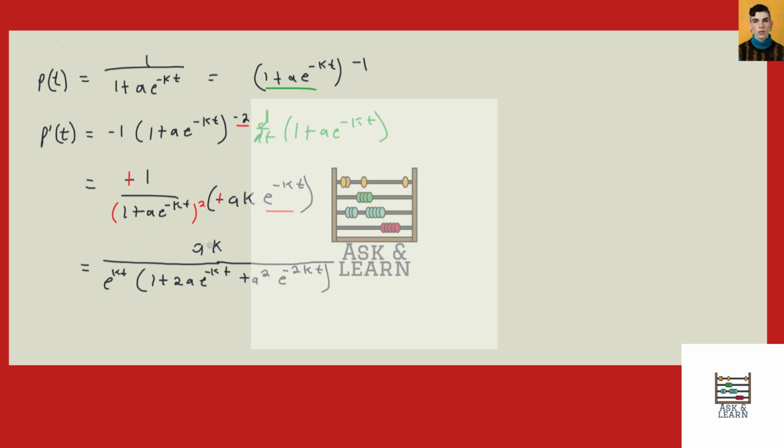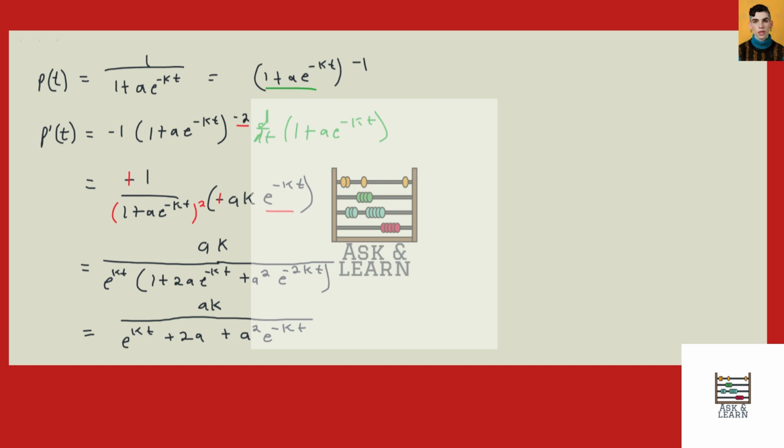All right. Now let's go ahead and distribute this e to the kt. And doing that is going to give, well, e to the kt plus 2a plus a squared e to the negative kt. And this is all going to be over ak.